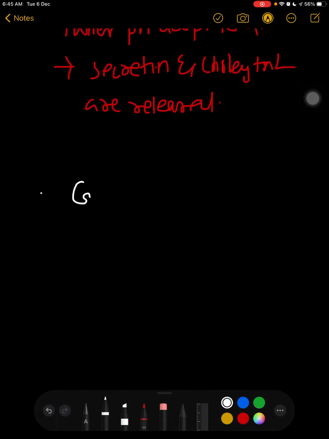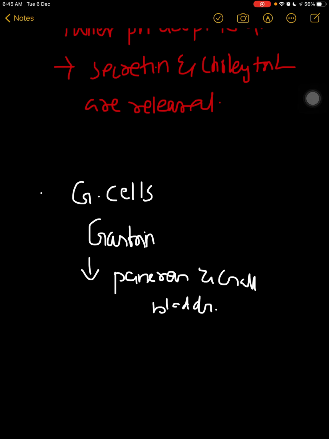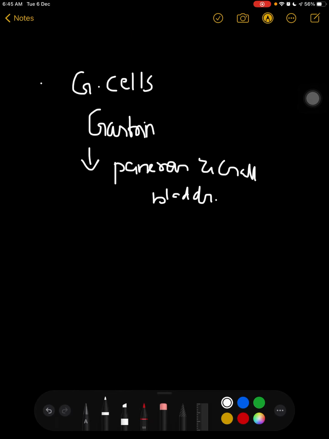Okay, over here we are also having G cells, which release gastrin. This gastrin will also stimulate the pancreas and gallbladder, right? And the other cells we have in the duodenum are known as K cells. What do they release?